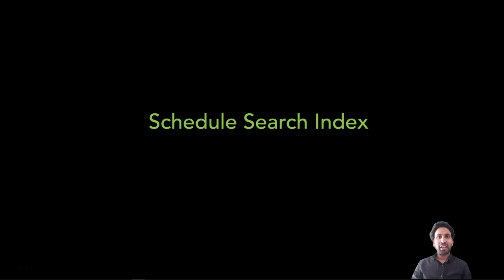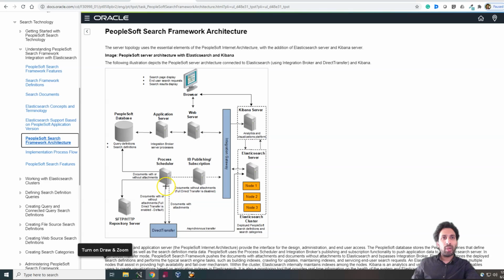Now we are transferring the data from PeopleSoft environment to Elasticsearch Server by scheduling index build process. Let's go ahead and do it. What exactly I am doing in this step is I am transferring the data from PeopleSoft environment using direct transfer method to Elasticsearch Server. How do I know it is direct transfer? Let me go ahead and show you the setup.